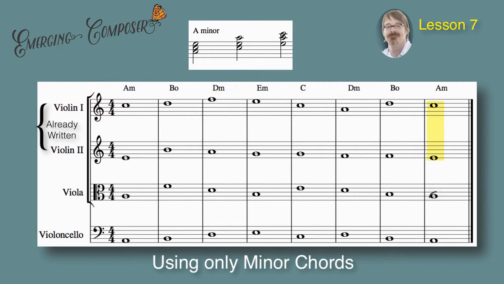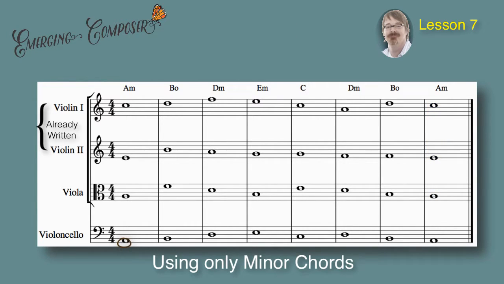Right there. So now I'm going to put the root of each chord in the bottom voice. So I have an A minor. I have a B diminished. I have a D minor, so it's a D. Then I have an E, C. I have a D minor, so there's a D in the bass, and a B, and an A minor.